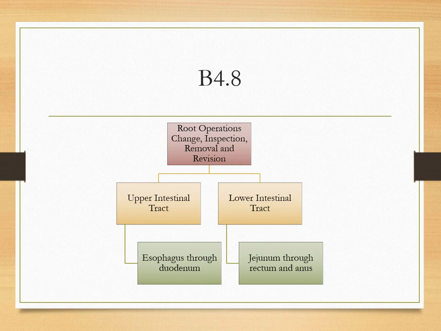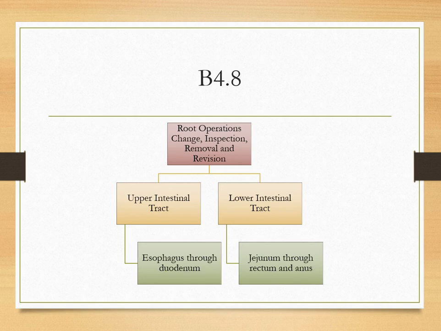All right, B4.8. This is about the upper and lower intestinal tract. I should say, in the gastrointestinal body system, the general body part values, upper intestinal tract and lower intestinal tract, are provided as an option for the root operations change, inspection, removal, and revision.